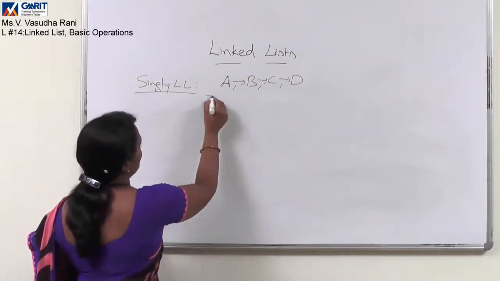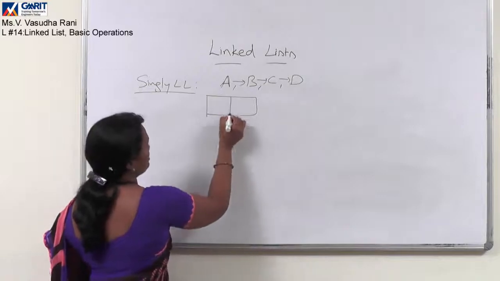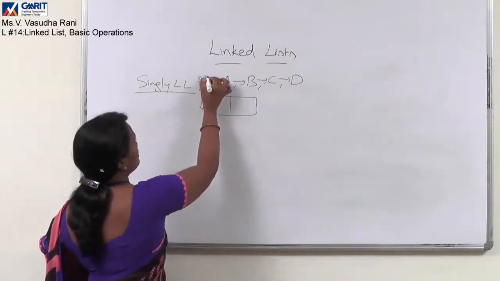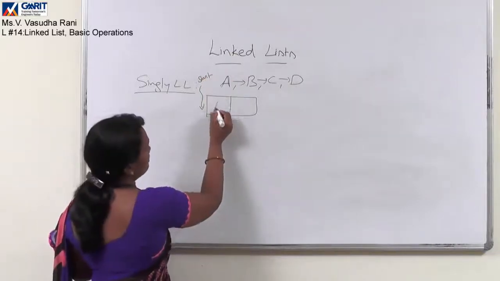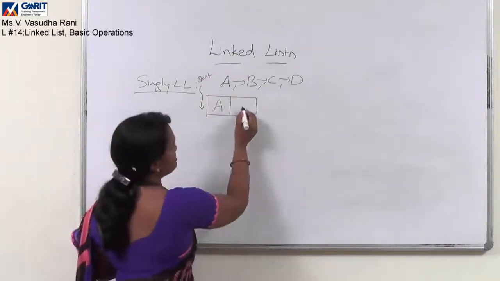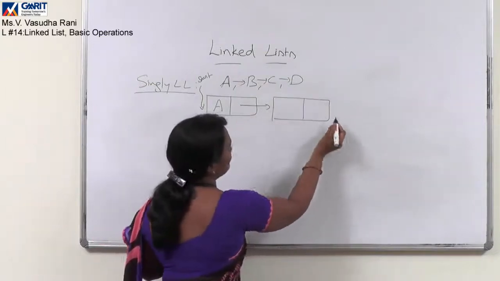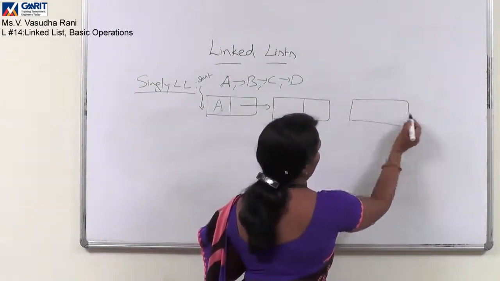So we can see its structure. This is the first node. Assume that it has a pointer start, and it has the data item A and this link field. How many nodes will we get? We have 4 data items, so we will get 4 nodes.